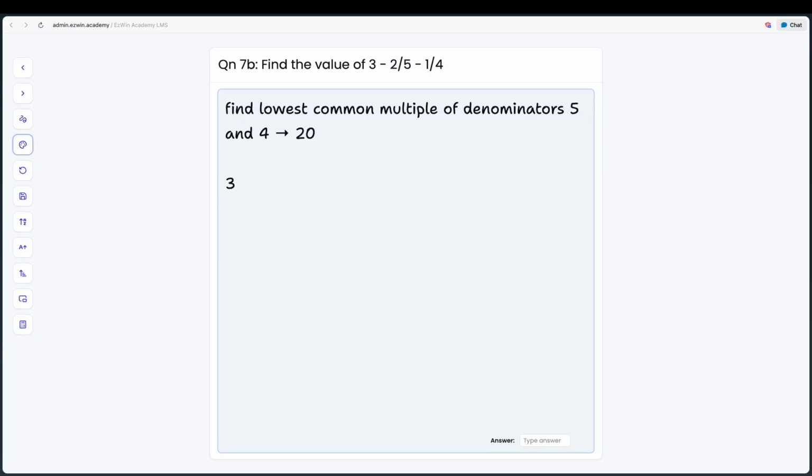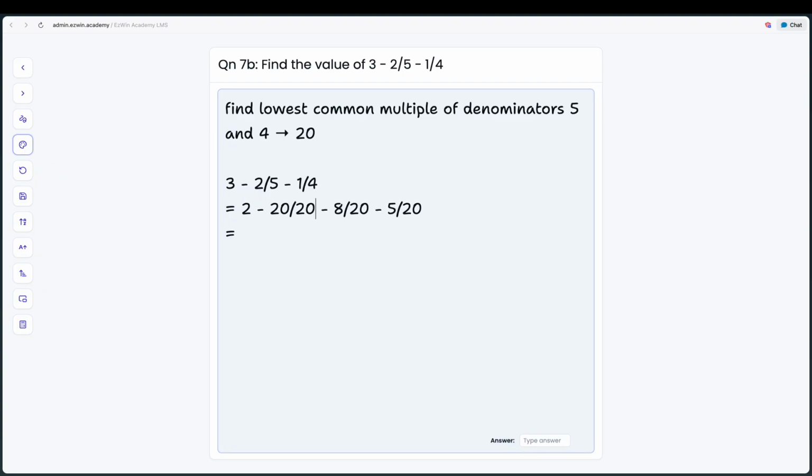So 3 would then be equal to 60 out of 20, minus 2 out of 5. We times 4, this will be 8 out of 20, and this will be 5 out of 20.